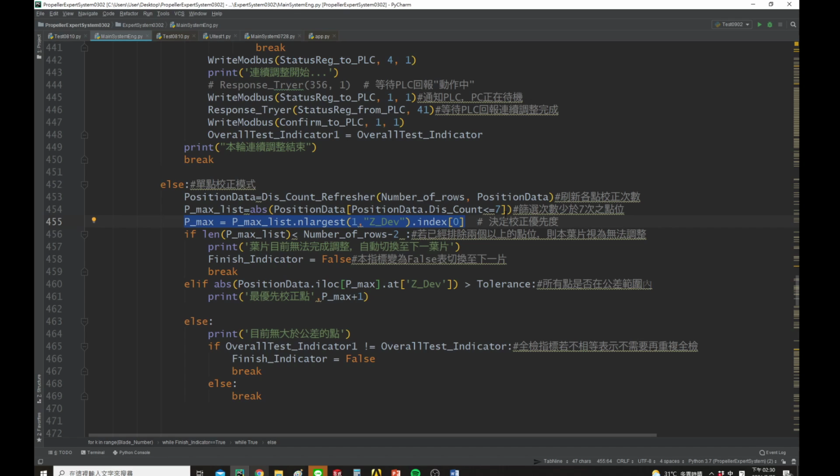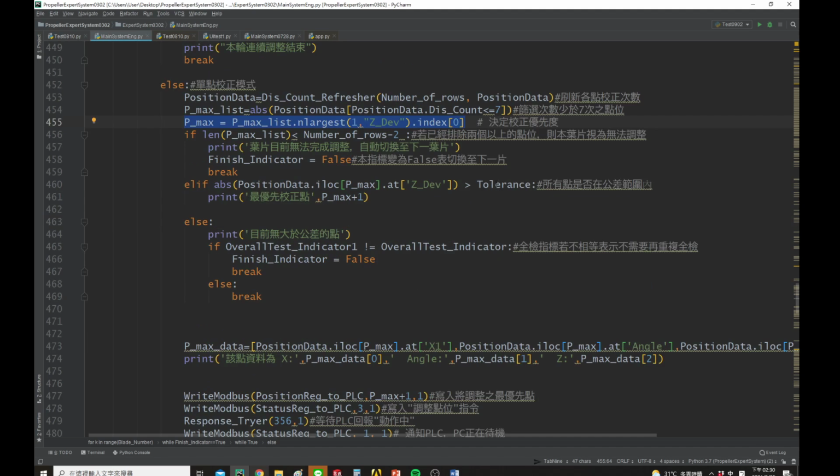That means we find a point that has the maximum deviation, right? And then this discrimination is to check if every point is under the tolerance.